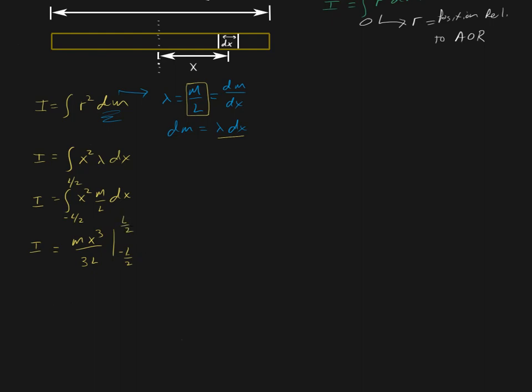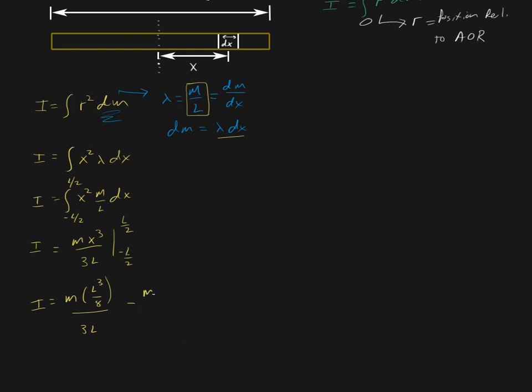Okay, so let's do that evaluation, and we're going to get I is equal to m times, now L over 2 cubed is going to be L cubed over 8. And this is going to be over 3L minus, and then we're going to do the same thing.